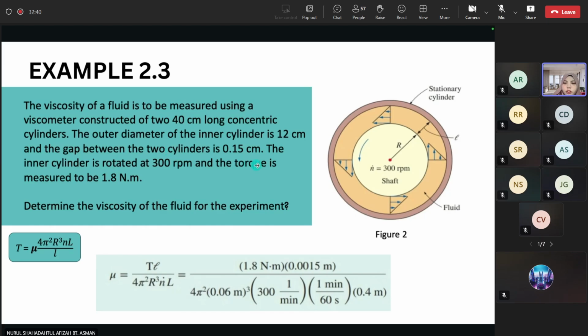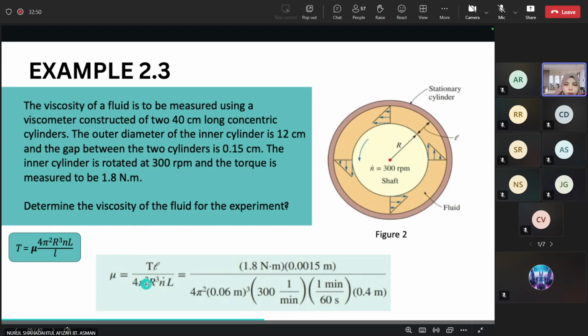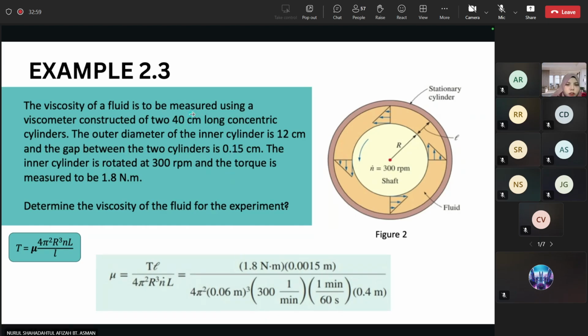Don't forget to change your unit to meter. After changing the unit, you get 0.0015 meter, over 4 pi squared R cubed. Our radius is given as 0.06.